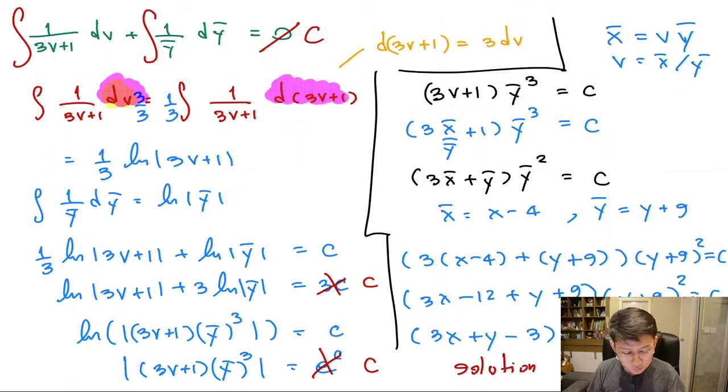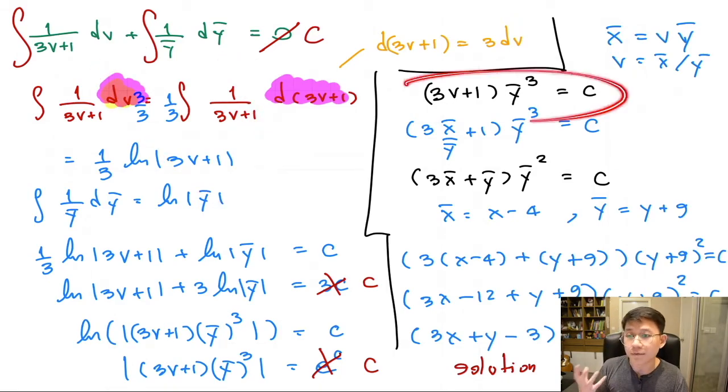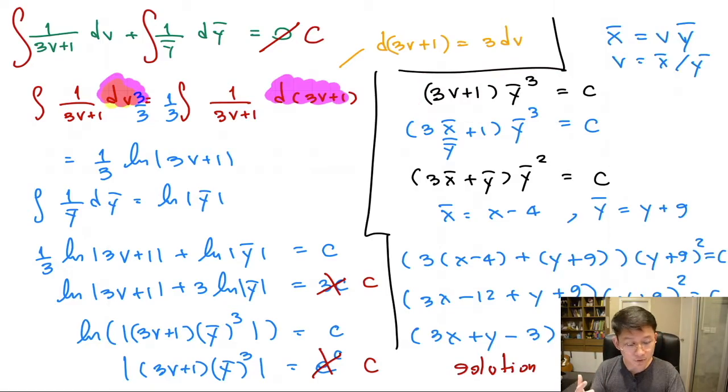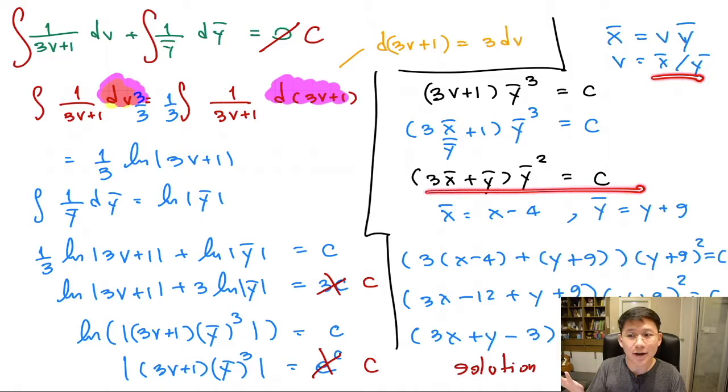And then we push it back there, and we get the solution in terms of v and y bar. Don't forget, guys, we need to substitute v with x bar divided by y bar, as we did in the previous video. And after that, we get the solution in terms of x bar and y bar.